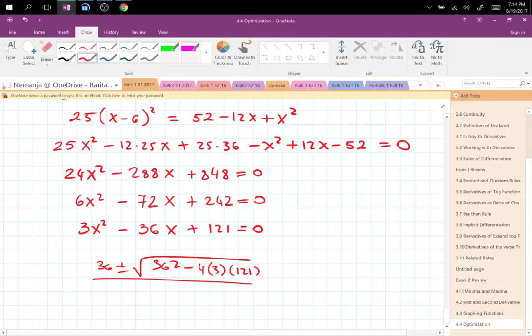Professor, I think with that last one, 848 divided by 4, it should be 212, right? Yeah, it should be 212, because we divided 848 by 4, not by 2.